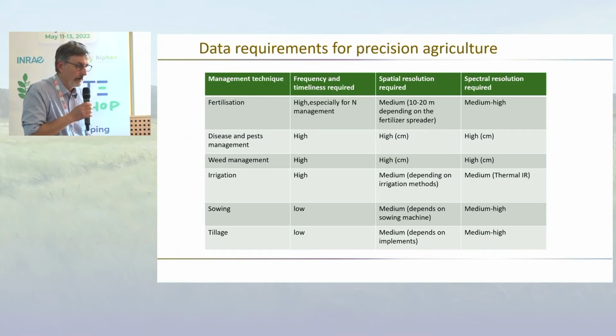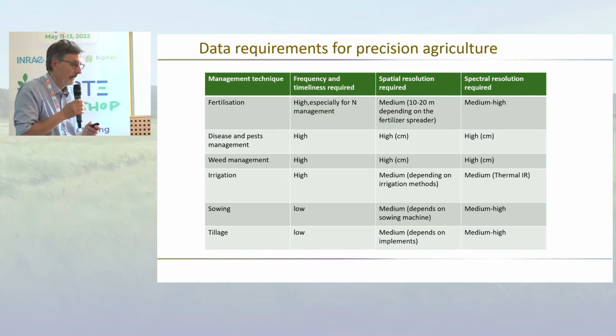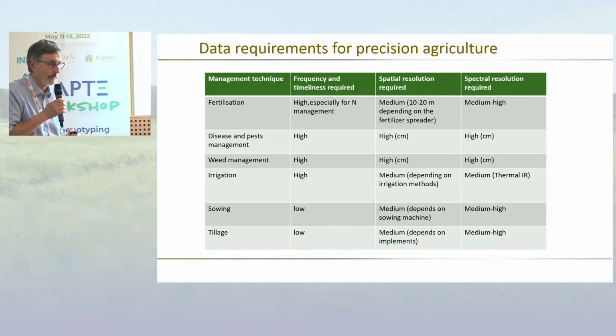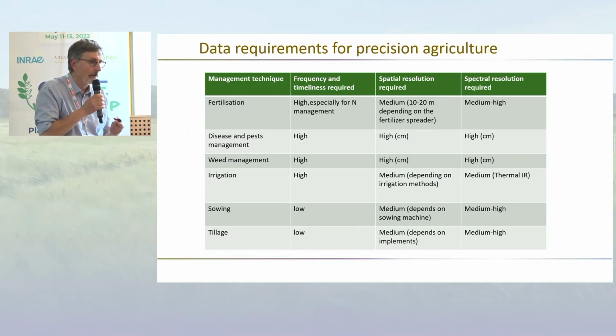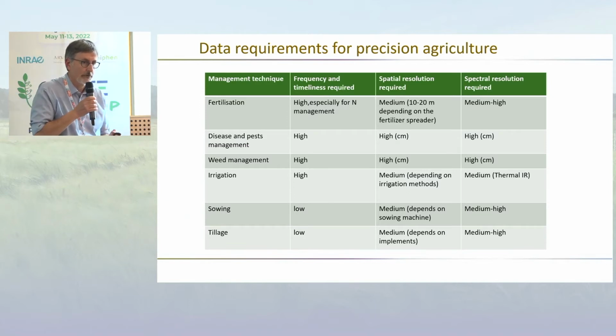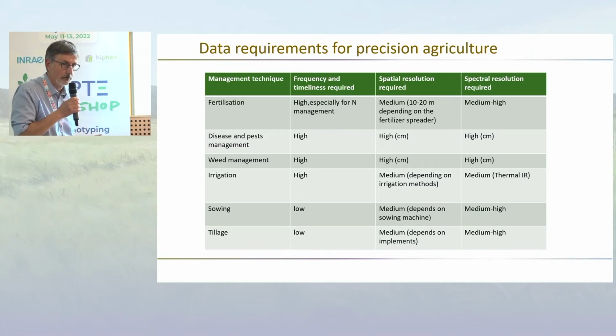So for example, for fertilization, especially for nitrogen fertilization, we really need very high timeliness, to get the image at the right time, and with a very high spectral resolution, I would say, but less spatial resolution, because you have to consider that then you are going to apply the fertilizer with a fertilizer spreader, which has maybe a spreading width of 10, 20 meters, so you really don't need drone data to do this kind of thing.